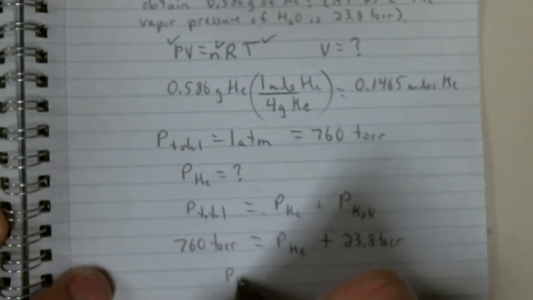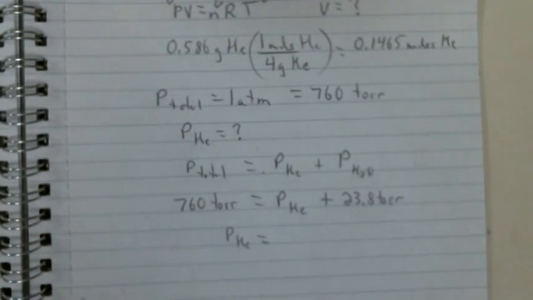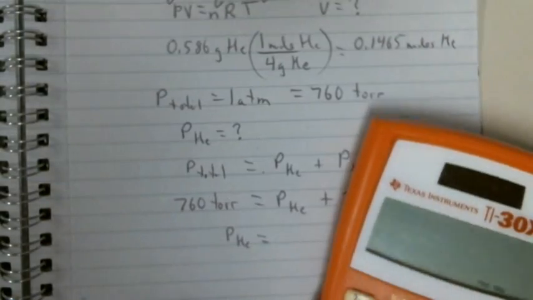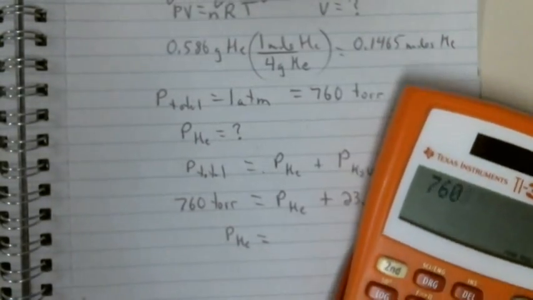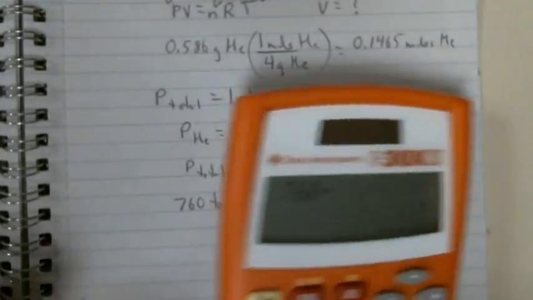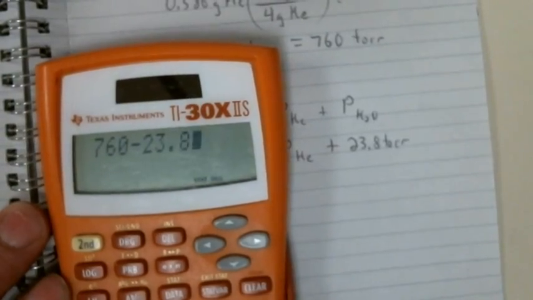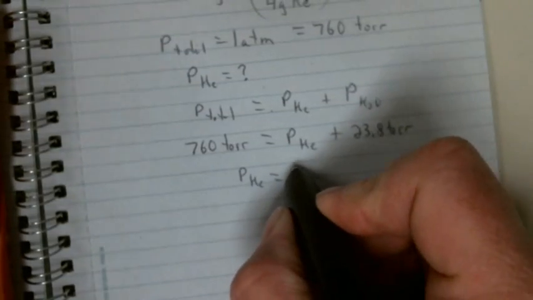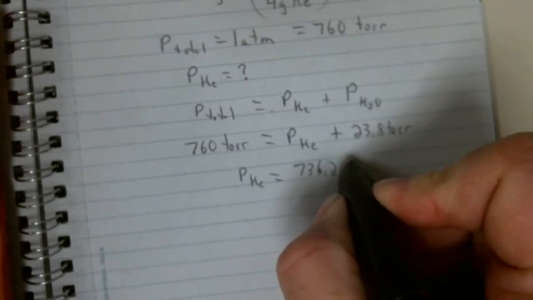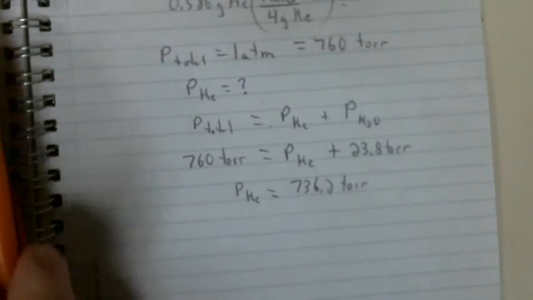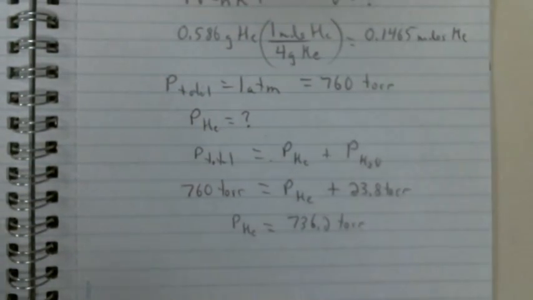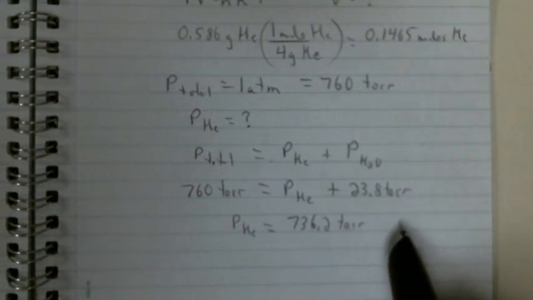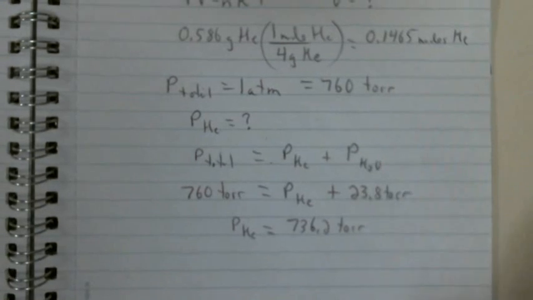So we're just going to subtract off the pressure of the water. So 760 minus 23.8, and I get 736.2. So that's the only thing that makes this problem different, right? We have to adjust, and so you have to do that adjustment in the remote lab.